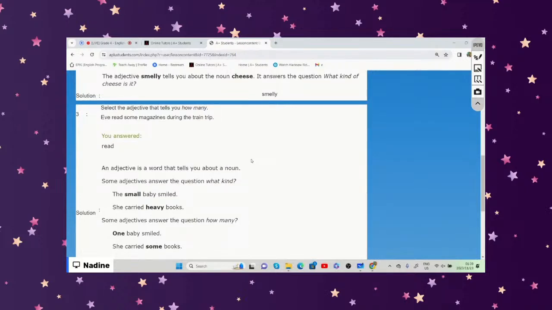Select the adjective that tells us either what kind or how many. Eve read some magazines during the train trip. Select the adjective that tells us how many.